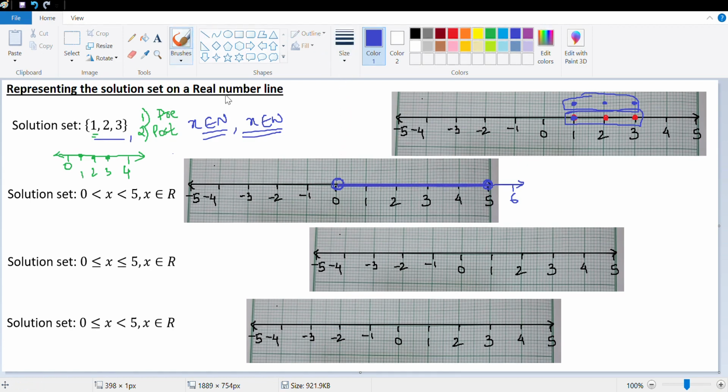Again, two ways of doing it, one on the line itself or one slightly above the line. So you take an empty circle and an empty circle and join these two empty circles using a straight line. I hope you notice my emphasis on empty circle. Empty circle is used when you have less than or more than. I'll come to the next one, and it'll become even more clear.